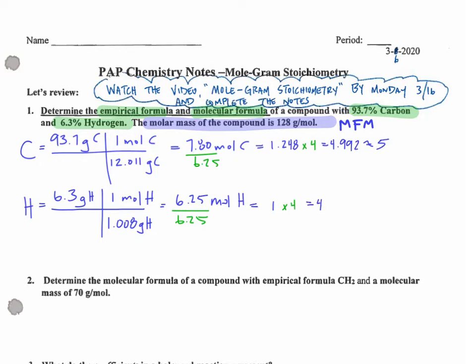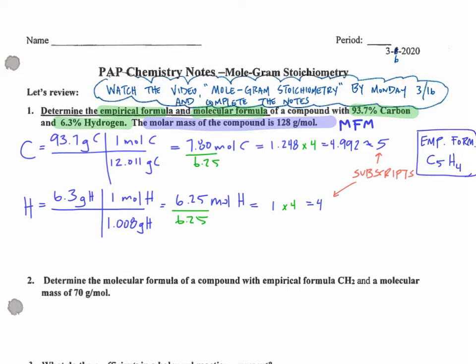So these are my subscripts for my compound. My compound becomes C5H4. This is my empirical formula.